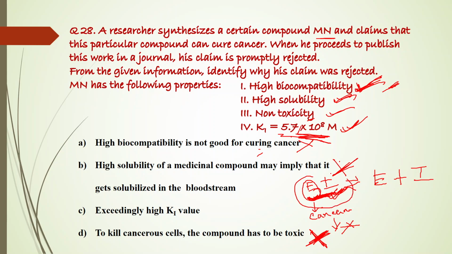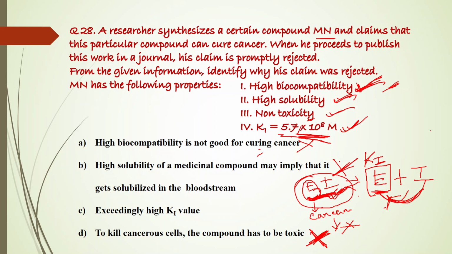But if the enzyme-inhibitor complex very easily dissociates, that means it is not effective in diminishing the catalytic activity of that enzyme present in the cancerous cell. So yes, the Ki value is very high in this case, which depicts that most of the time the inhibitor is not doing its job properly and not blocking the enzyme at the cancerous site. That means it will not be able to act properly, and the cancerous cell will still proliferate.